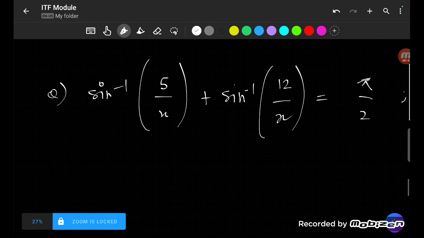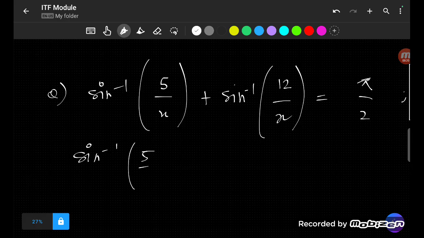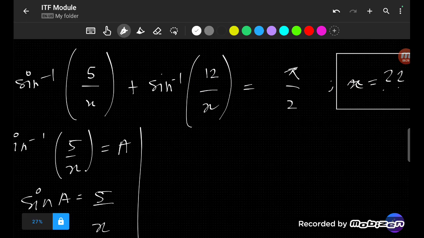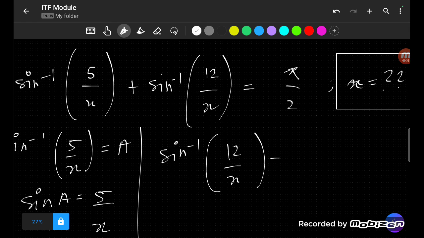So here what we have to do is we just take sine inverse 5 by x as a. So sine a will be 5 by x. And then you take sine inverse 12 by x equals b.